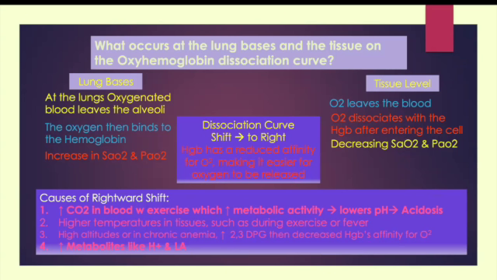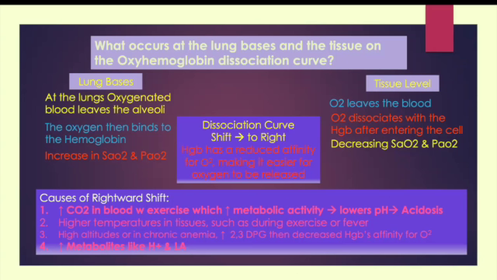Now, it gets to the tissue, and O2 leaves the blood, right? Because it has to go into the tissue. This is when O2 is dissociating from the hemoglobin after it has entered that cell. So it goes into the cell, the hemoglobin gives the O2 to the tissue. Nice, right? And then when you have the oxygen already delivered to the tissue, the hemoglobin leaves, and now you have a decreased SaO2 and a decreased PaO2 because it's been delivered to the cell, right?